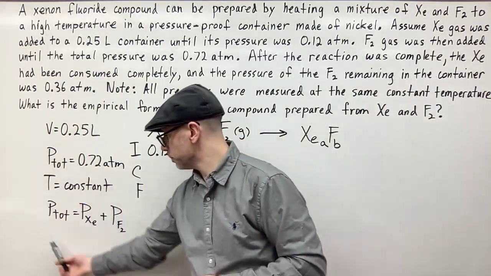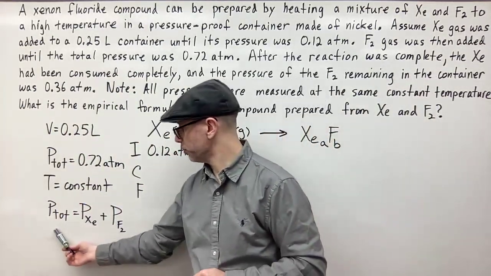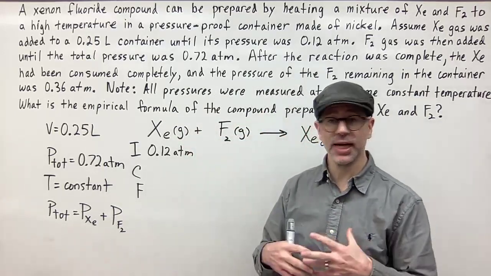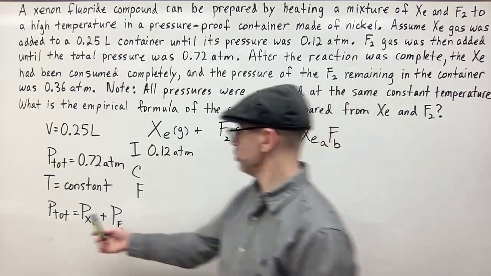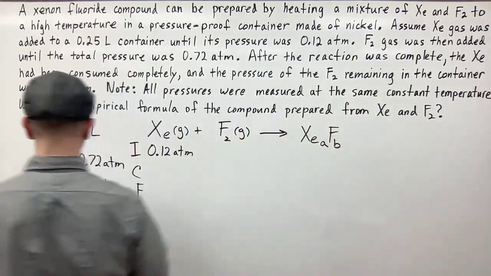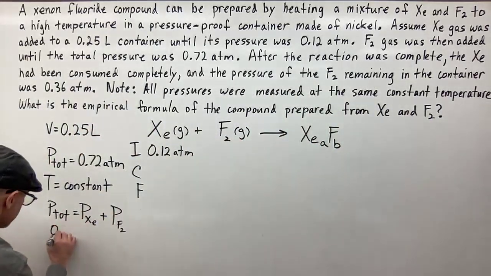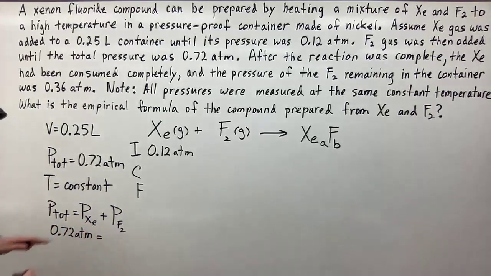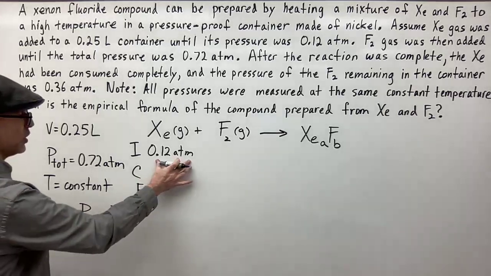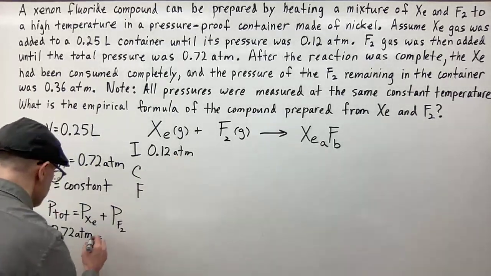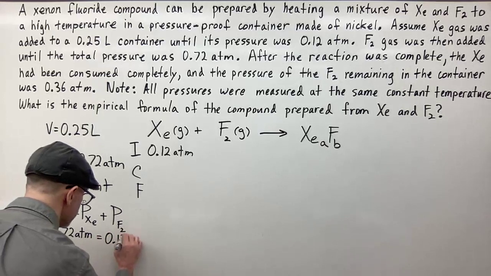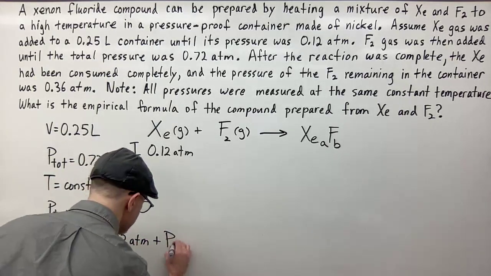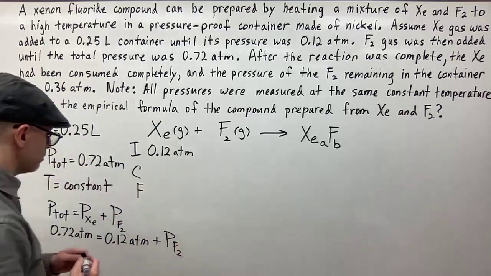Dalton's law of partial pressures tells us that the total pressure is equal to the sum of the partial pressures of the gases mixed together. So since we know the total pressure is 0.72 atmospheres, that's going to be equal to the pressure of xenon, which is 0.12 atmospheres, plus the pressure of fluorine.